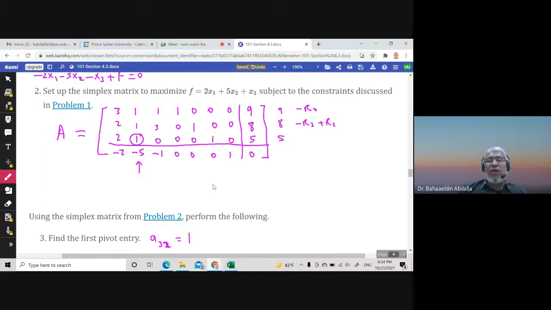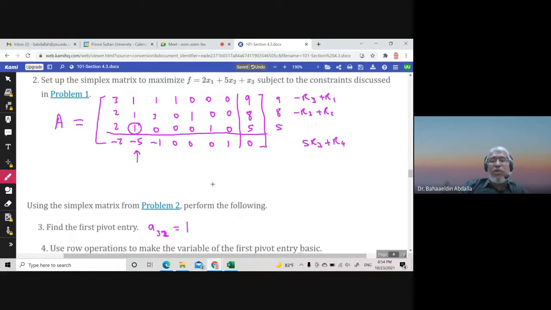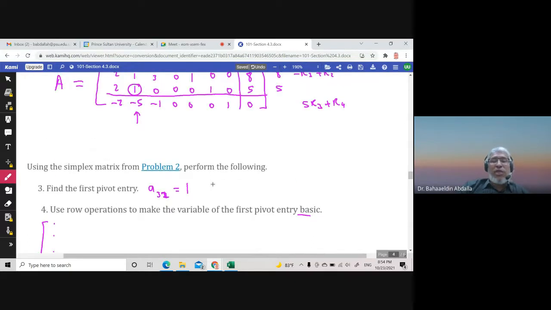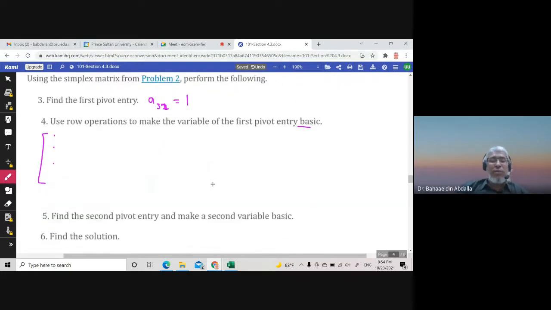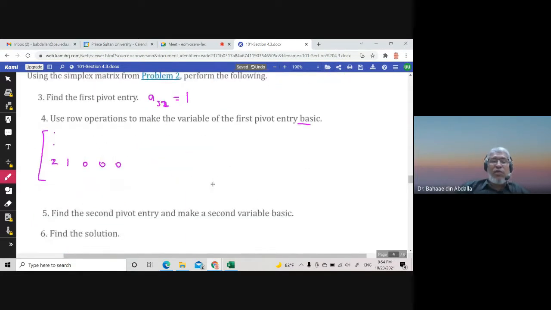Negative R3 plus R1. 5R3 plus R4. So let us write the third row as it is. The numbers in the third row are 2, 1, 0, 0, 1, 0, 5.